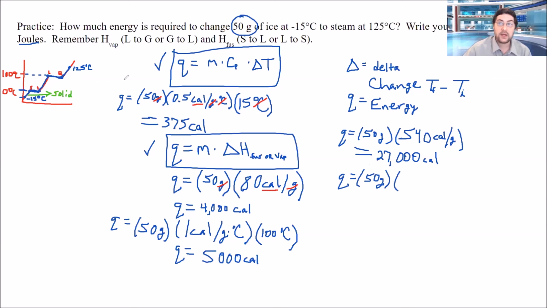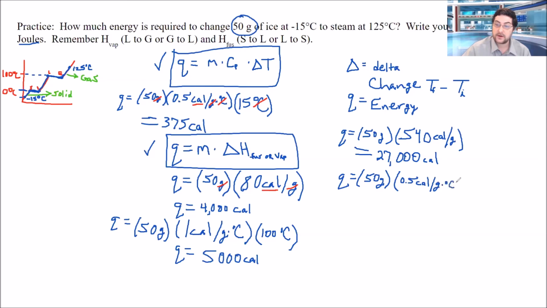At this point, the substance is now a gas, okay? And when water is a gas, then we need to use the 0.5 calories per gram degree Celsius as our specific heat, because when it is a solid or a gas, it is 0.5 calories per gram degree Celsius.